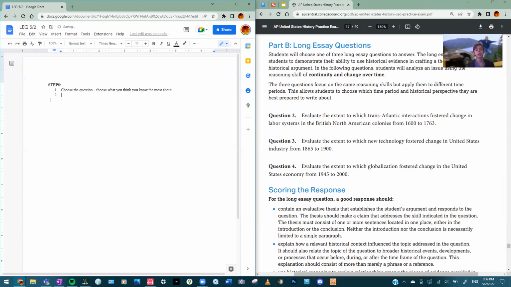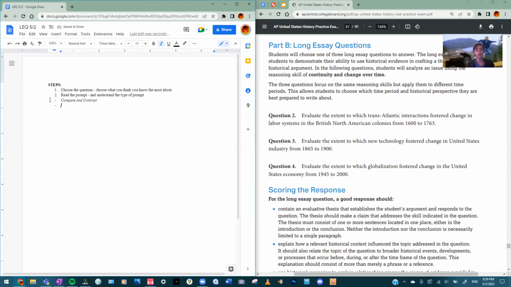That's how you should choose it. Then read the prompt and understand the type of prompt. The types of prompts that you can have, the first one is compare and contrast. For example, how were the 1920s like the 1950s?